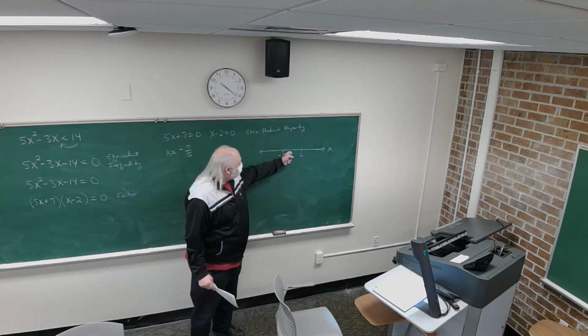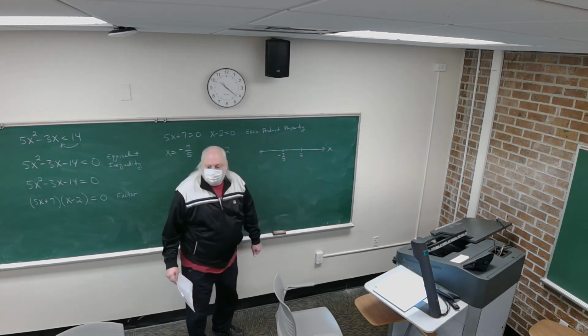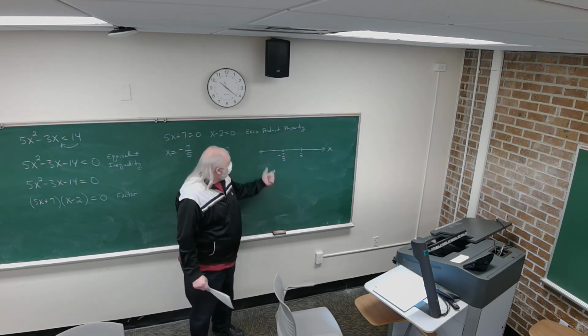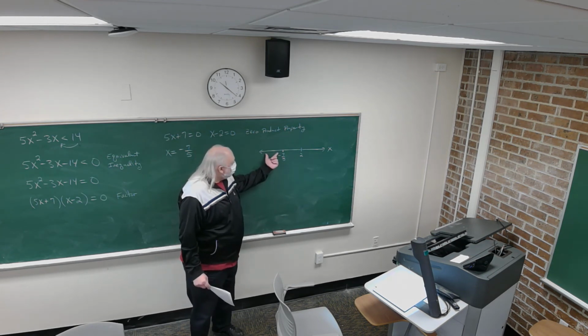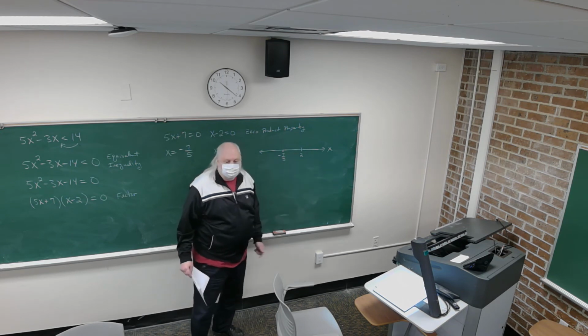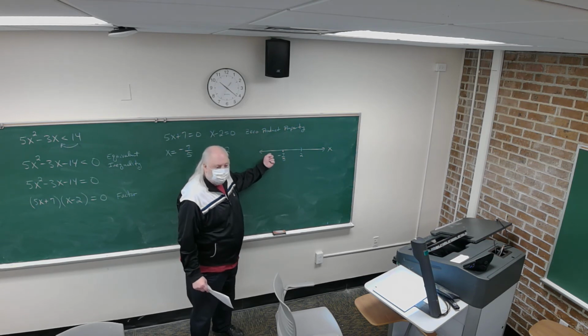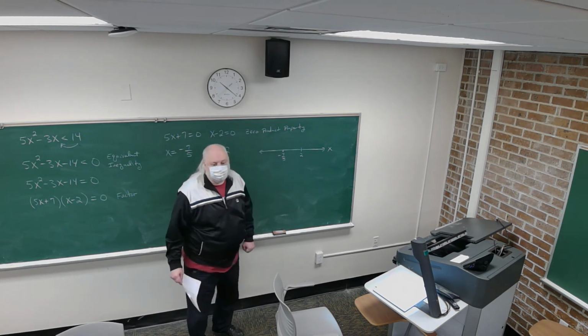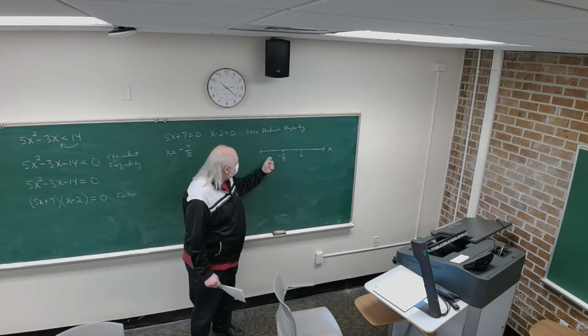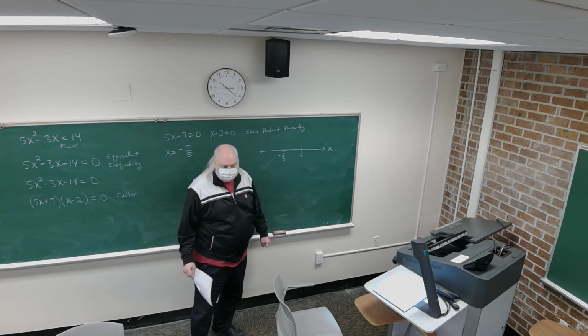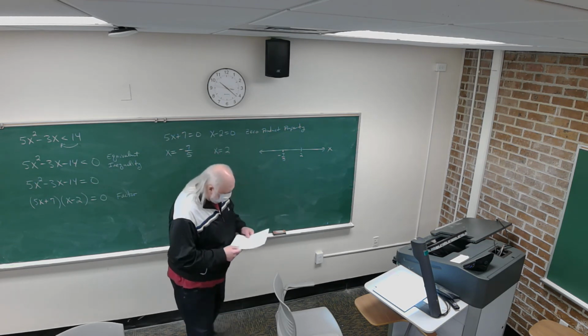What we don't know is about these other numbers. Are any of them in the solution set? So we can do a test point from each of these 3 intervals. If the test point in, say, this first interval satisfies the inequality, then all the numbers in that interval satisfy the inequality. We don't have to test every number, just one number from each of the intervals. That's what this is all about.